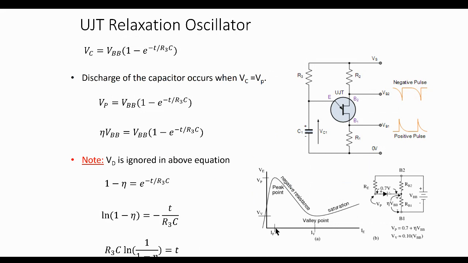So if we have it peaking at VP and IP, and we have our source voltage, because the resistor is actually between VS and VP, so if we want to calculate the resistance, it will be VS minus VP over the current that is flowing, which is IP. I don't think they follow. Do you follow, class? Yeah.